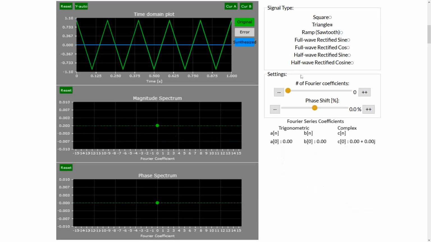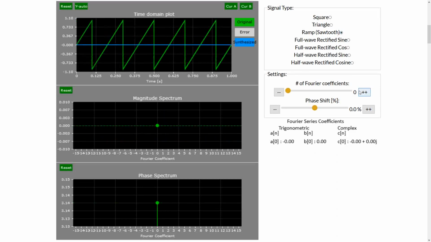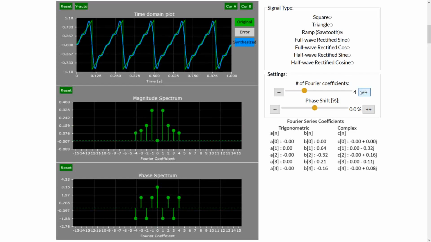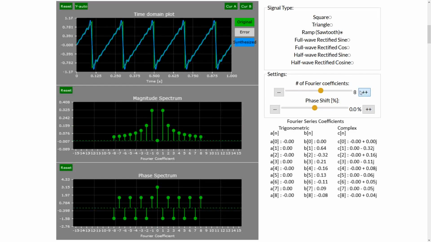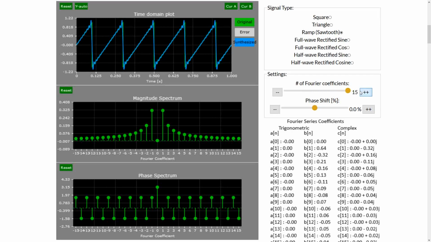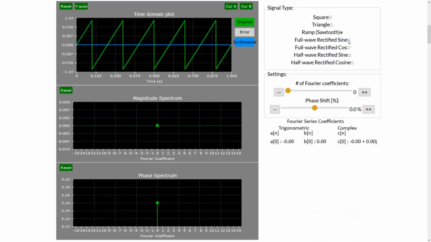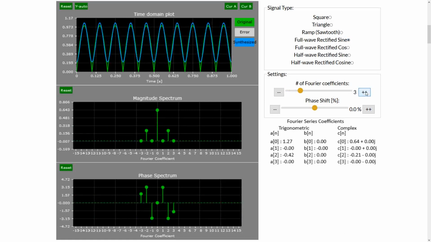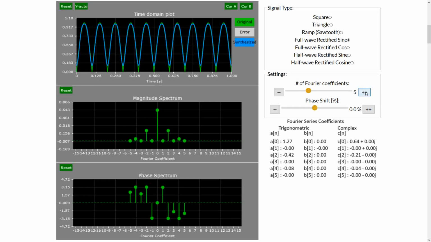Let's try again with a sawtooth. 2, 3, 4, 5, 6. See, as we add, it gets closer and closer to our actual signal. How about a full wave rectified sine? Oh, see, very nice, very beautiful, right?